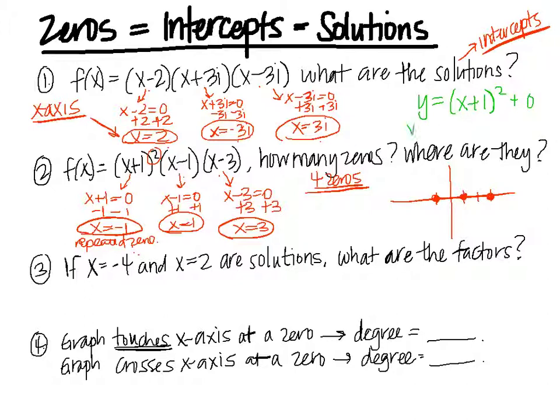This was vertex form, and we originally knew that the a value here is positive, so my graph opens up, and the vertex occurs at the point negative 1, 0. Now, it works exactly the same way, even with other multiple factors.